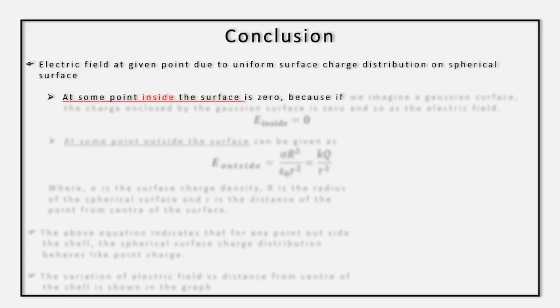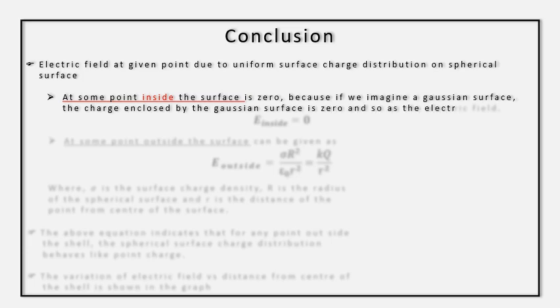Why 0? Because when your Gaussian surface is inside the shell, there is no charge enclosed by the Gaussian surface, and so sigma q is 0, so the electric field inside is 0. And hence if you place any charge inside the shell, it will not experience any force, it will remain wherever it is. What if the point of consideration is outside the surface?